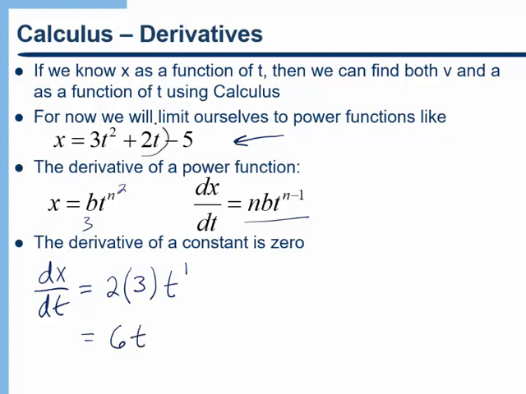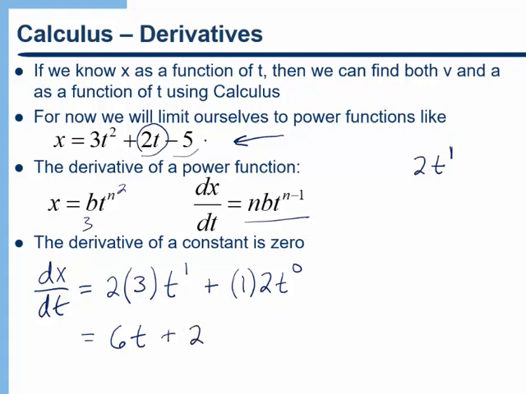Let's look at the derivative of the next term. Well, remember that 2t is really 2t to the 1. So I would bring the 1 down, in other words, not really going to make any change, and then I would have t to the 0. But of course, anything to the 0 is 1, and so I would just have 2 for that term.